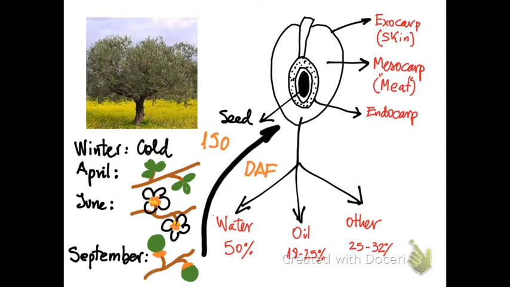This small olive requires about 150 days to obtain the mature fruits that accumulate the oil. For example, in Spain, it's possible to harvest earlier to produce table olives, and you must wait 150 days to obtain olive oil.